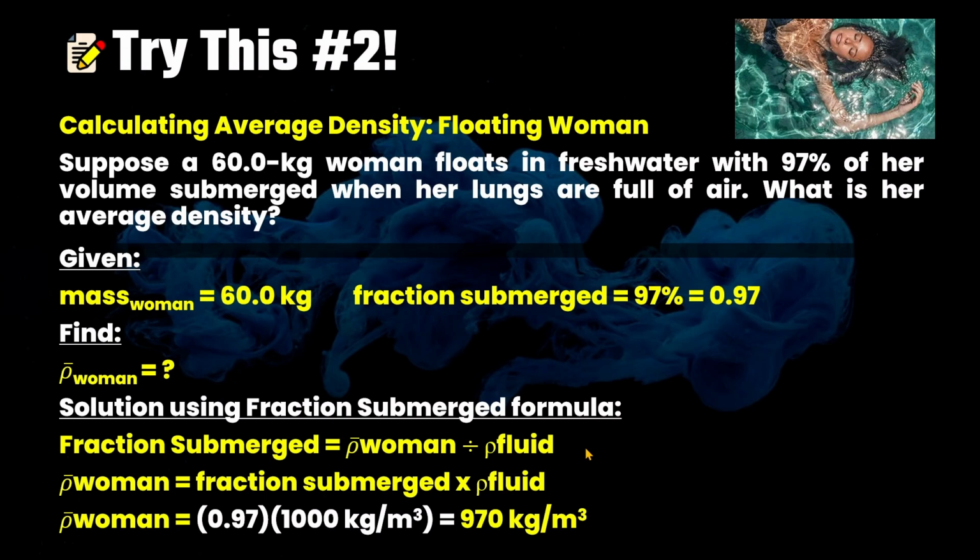Since fraction submerged is 97%, in decimal that is 0.97, we just multiply it by 1000 kilograms per cubic meter. So we'll get 970 kilograms per cubic meter. Therefore, the average density of the woman is 970 kilograms per cubic meter.